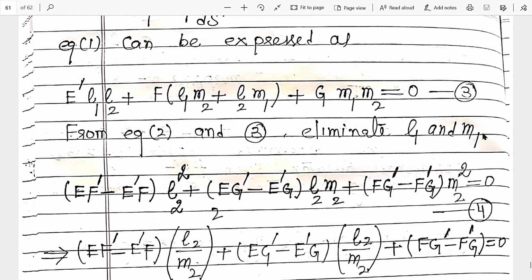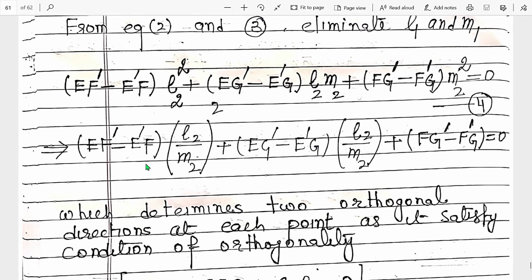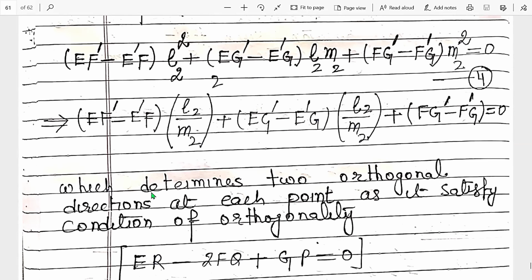When we eliminate these, we get this kind of equation. It is an equation of order 2, a quadratic equation, not a differential equation. It is a quadratic equation in L2, M2 and these values, which determines two orthogonal directions at each point. Why? Because it is a quadratic equation, it has two directions.